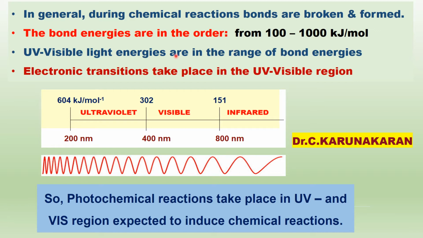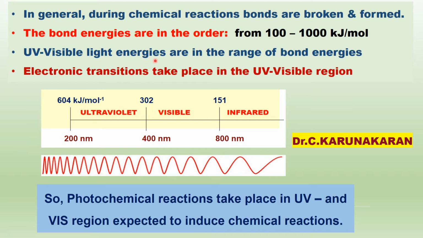So what are the radiations of appropriate energy to break this bond? UV visible light energies. You see, infrared is 151 kilojoule per mole only. It is not sufficient to break the bond, whereas the energies of UV visible light are sufficient to break the chemical bond.